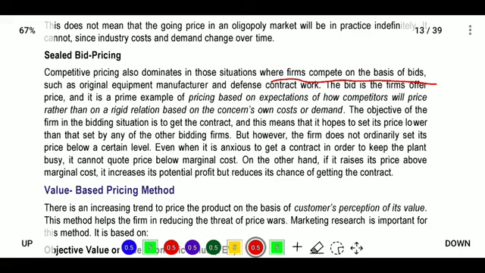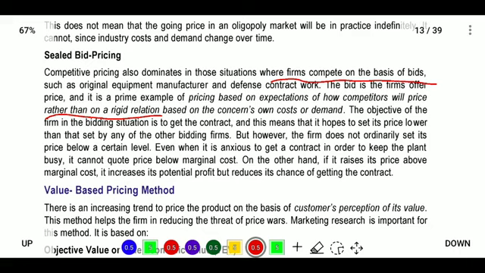For example, pricing is based on the expectation of how competitors will price, rather than a rigid relationship based on the firm's own cost or demand. We will not look at our own cost. If you put this asset into the market, how will persons bid, how do they expect the price, we will see that price.